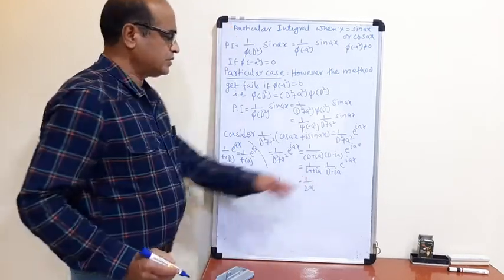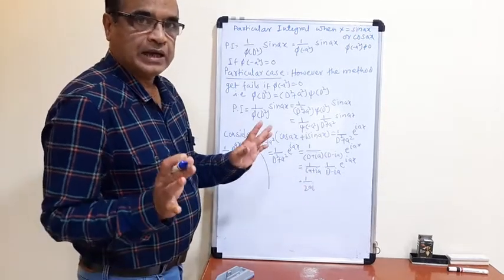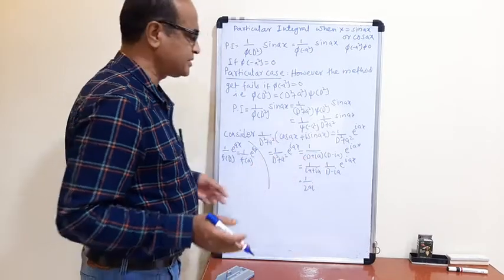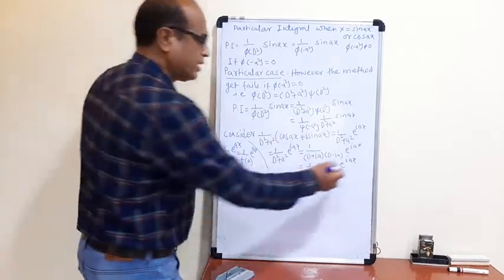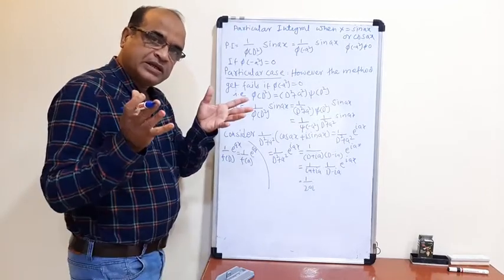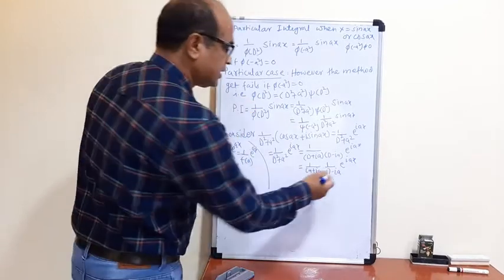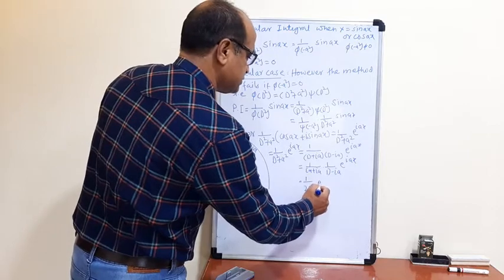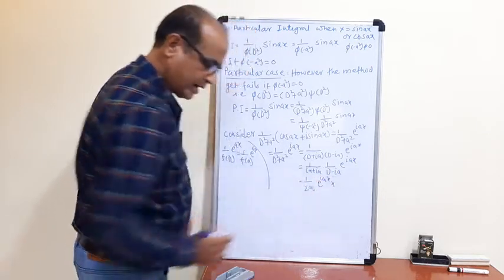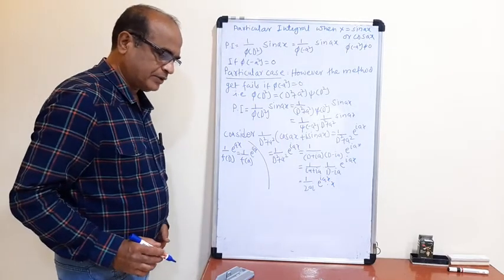2ai. So what is this? We directly write here. We have taken such types of examples many times. So we have to write directly. If the factor is repeated 1 time, then what is the particular integral here? So this is e raised to ix into x divided by 1 factorial.